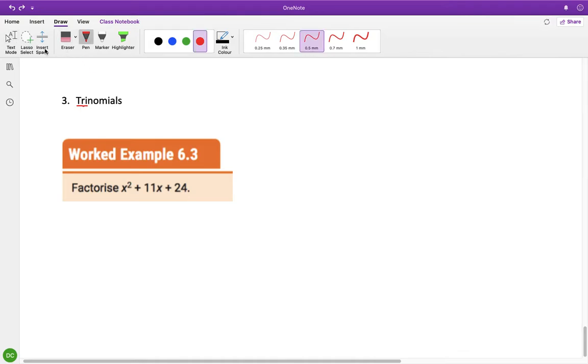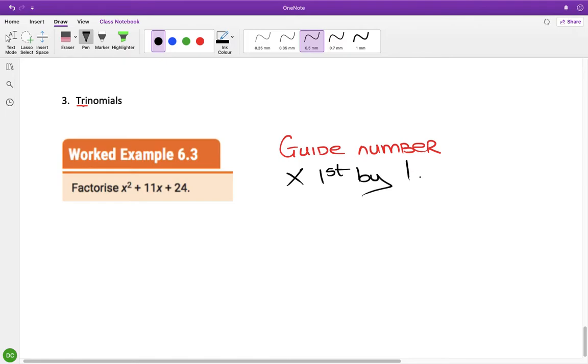There's 3. Easy. Now, I said I was teaching you the guide number method, and in the guide number method, the very first thing you have to do is get the guide number. You get the guide number by multiplying the first by the last. Let me explain that. If you look at this, in front of the x squared there is an invisible 1.